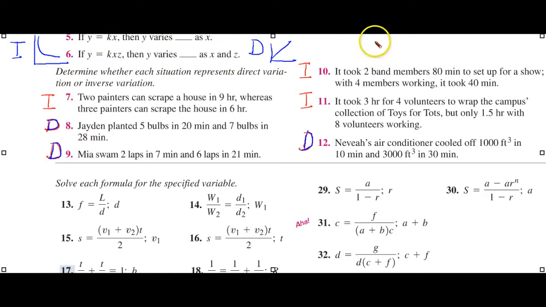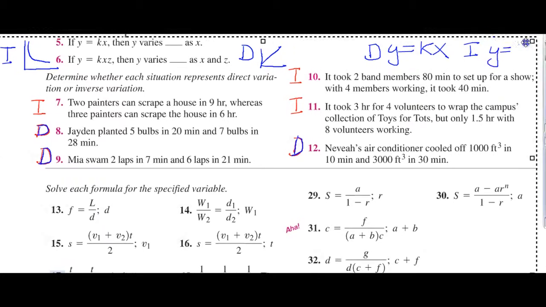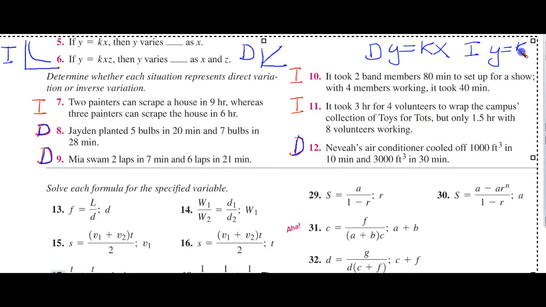Now we said that in direct variation, the equation was always y equals kx. But in inverse variation, we said y equals k over x.